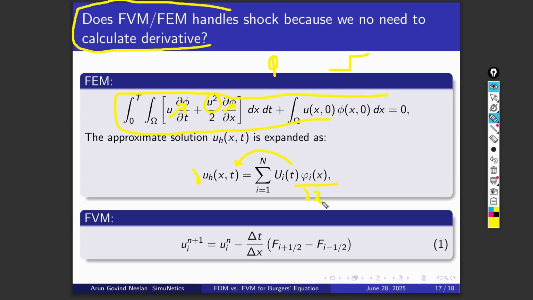In addition to that, finite element methods like Galerkin methods cannot directly handle shocks without any special treatment. So we may go for Streamline Upwind Petrov-Galerkin schemes or discontinuous Galerkin schemes.